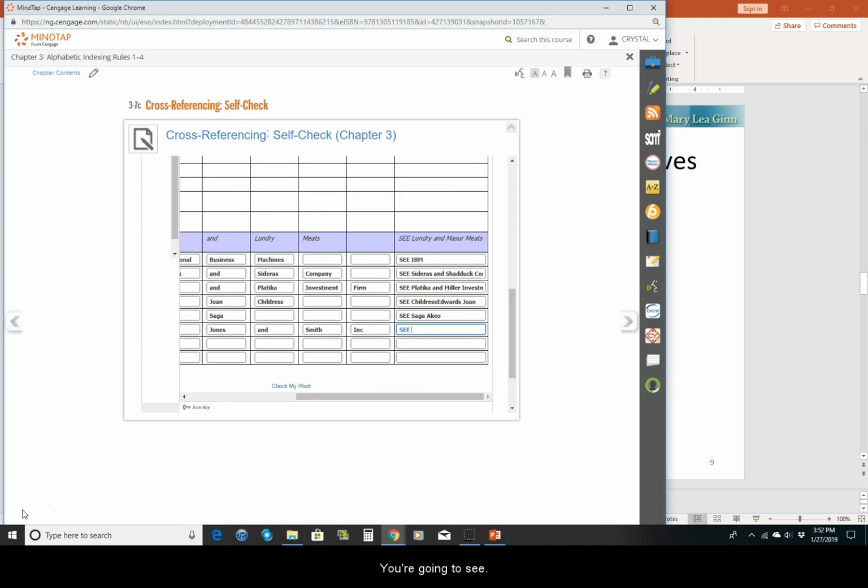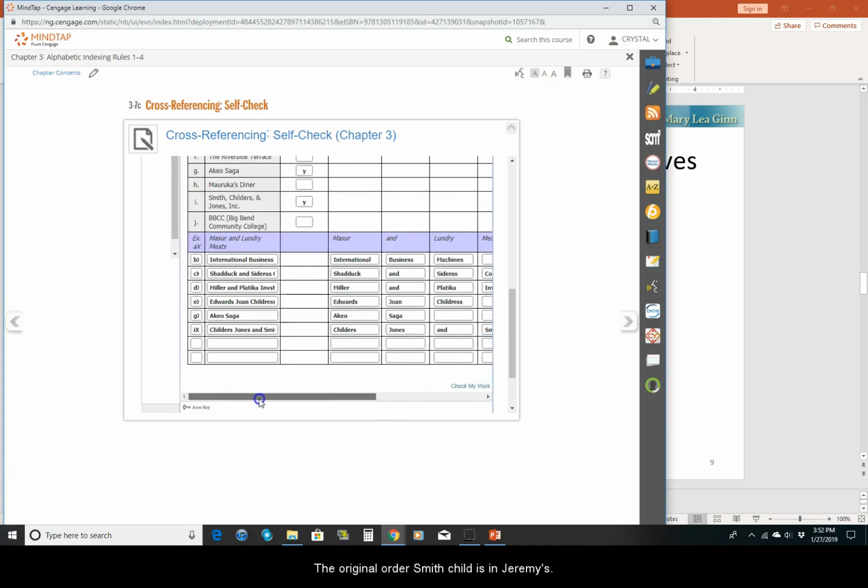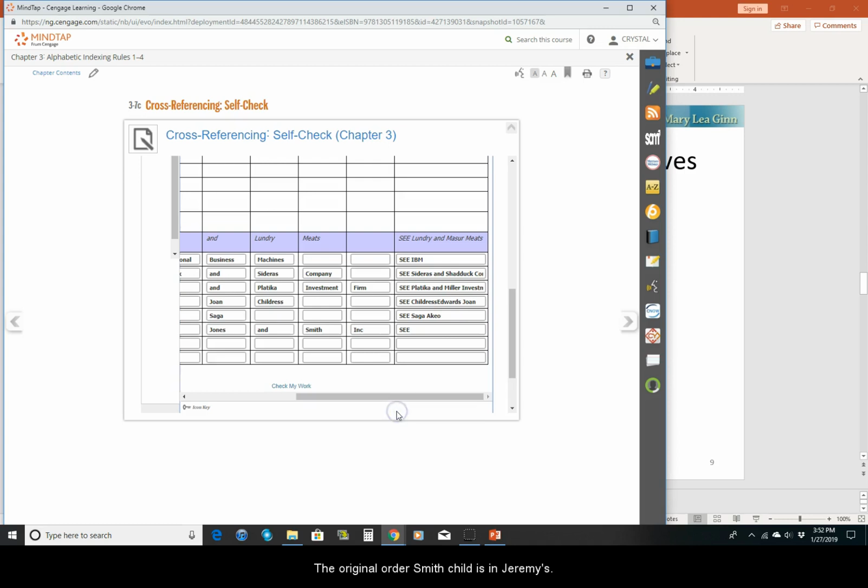And we say that you're going to see the original order, Smith, Childers, and Jones.